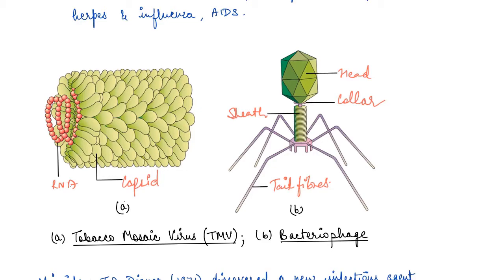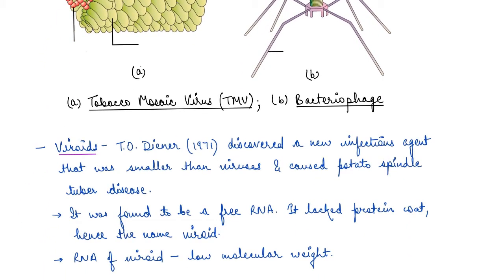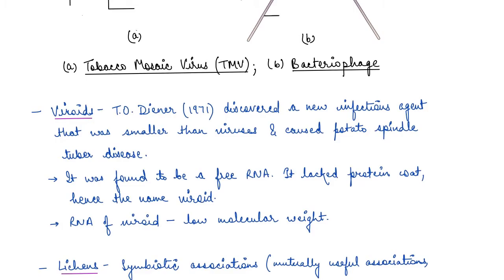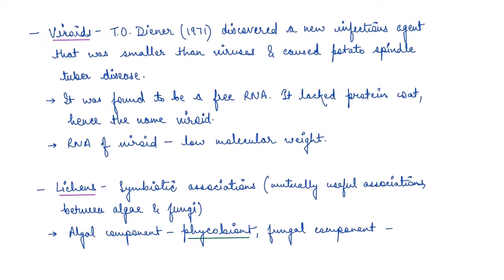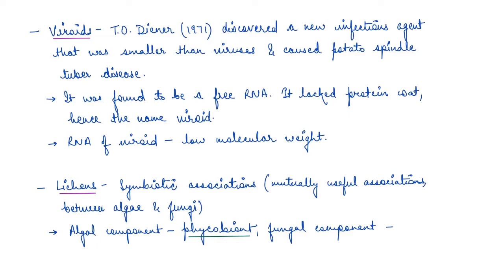Okay, we'll move on to viroids now. Yes, so what are viroids? These are basically new infectious agents which are smaller than viruses, and they cause different types of diseases. T.O. Diener in 1971 discovered viroids.